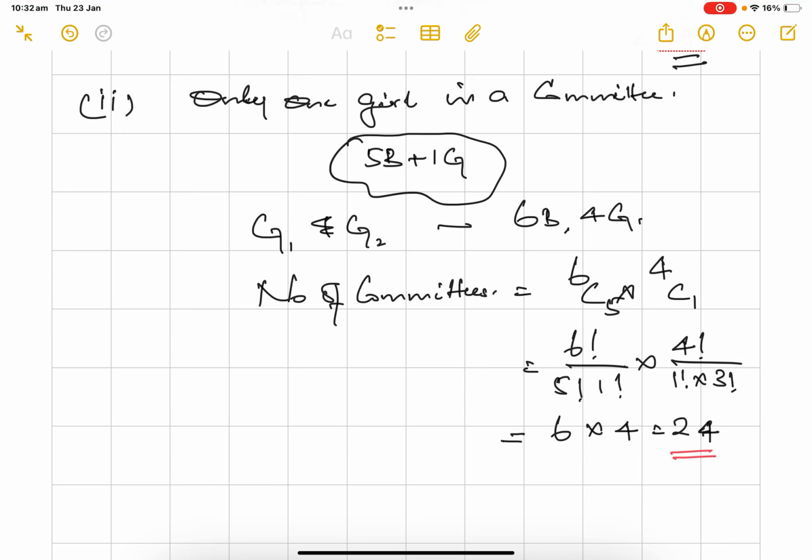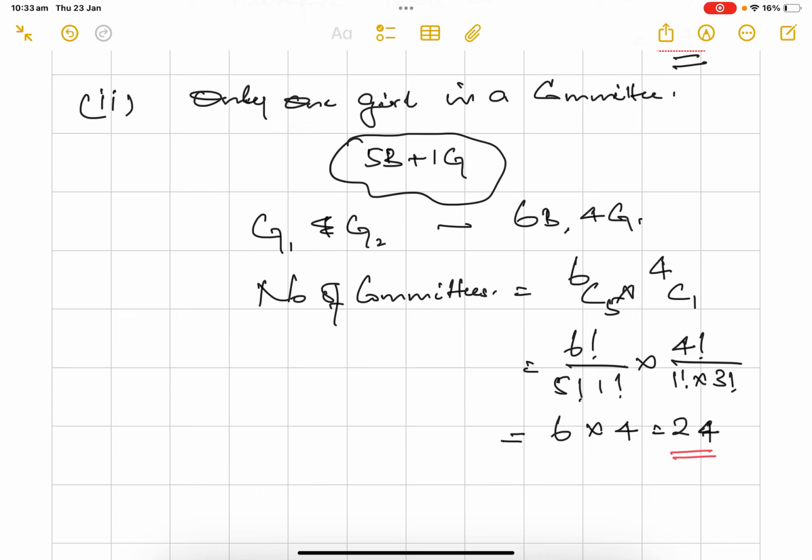So as I said, groups 1 and 2 together are 6 boys and 4 girls. The number of committees we can get is simply 5 boys out of 6, so 6C5, and 1 girl out of 4 girls, so 4C1. Simply that is 6 factorial divided by 5 factorial, 1 factorial, times 4 factorial divided by 1 factorial, 3 factorial.